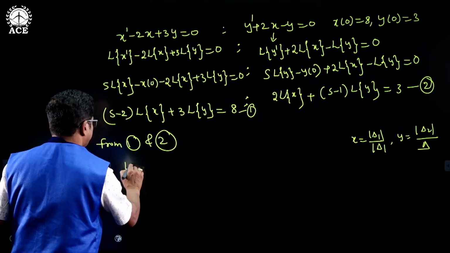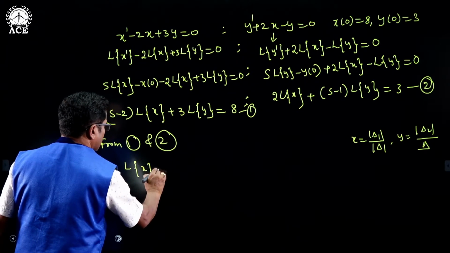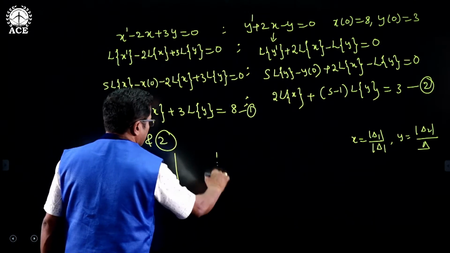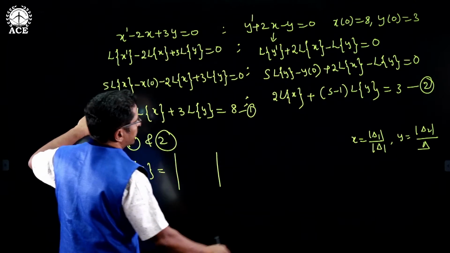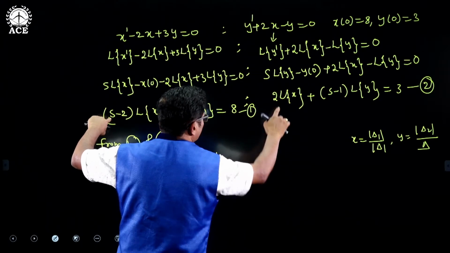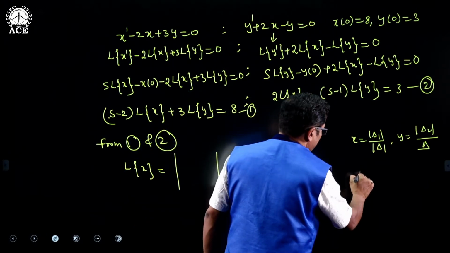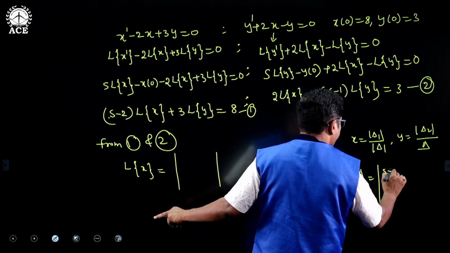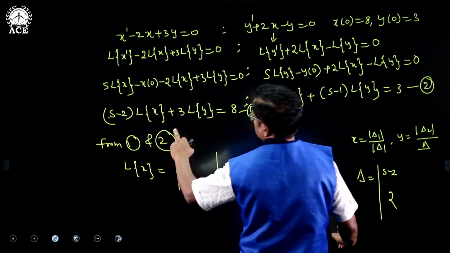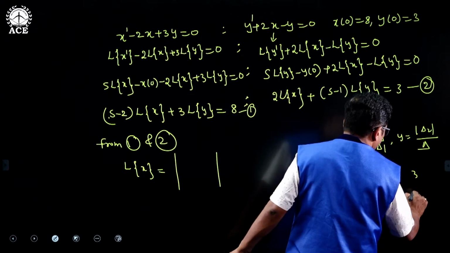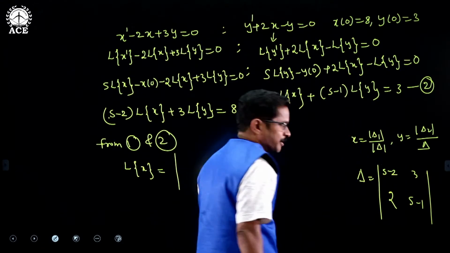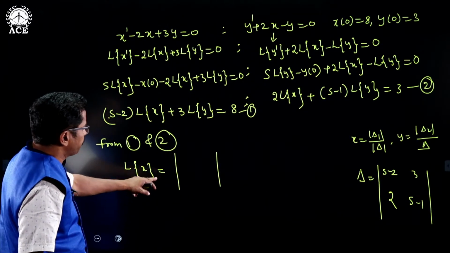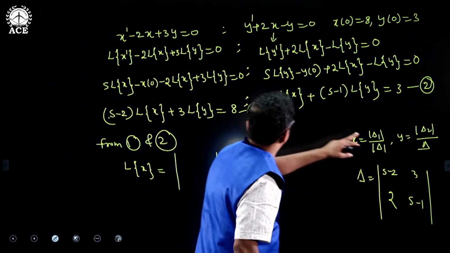L of x. So what is del now? Determinant of s minus 2 and 2, 3 and s minus 1. This is del, actually, the determinant of x and y coefficients. For del 1, the x coefficient is replaced by constants.